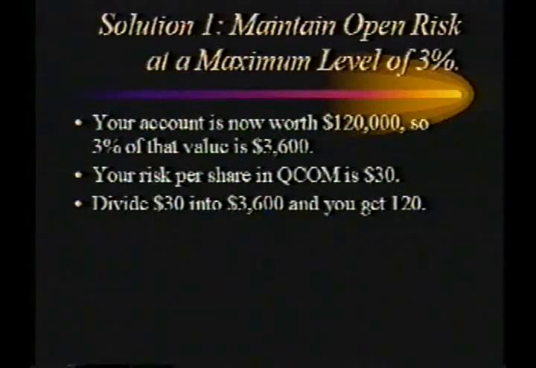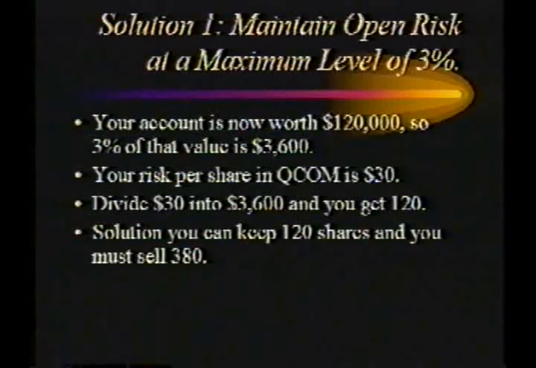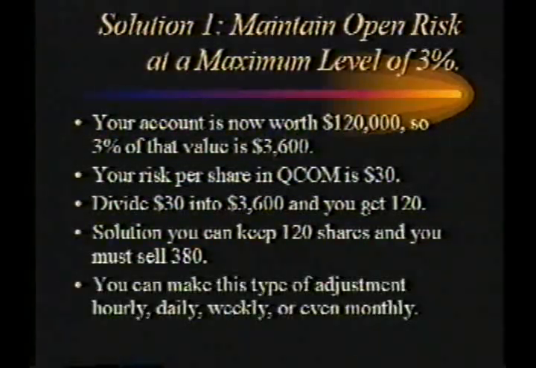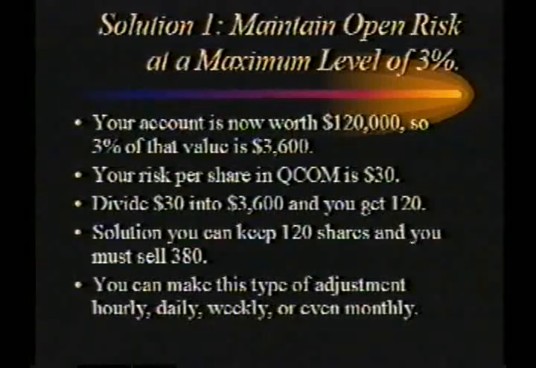So you divide $30 into that $3,600 maximum risk that you want to keep, and you get 120 shares. So you can keep 120 shares, and you have to sell off 380. And now you can make this kind of adjustment monthly, daily, quarterly, hourly, however often you want to make it, but just so it keeps you sleeping well.